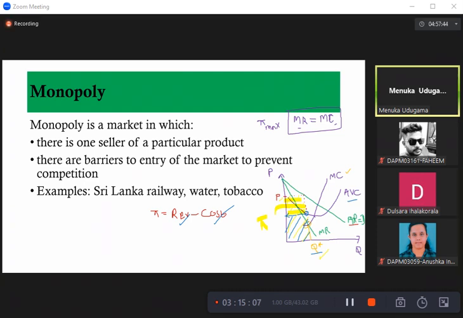It is relatively elastic because there are lots of substitutes. Therefore, the slope would vary. So you would draw a similar curve as with the monopoly, right?